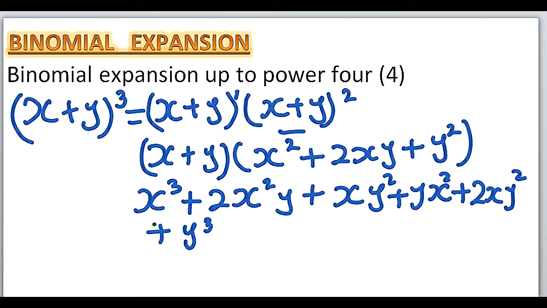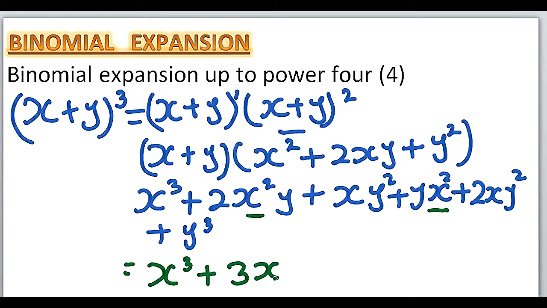From there, we look at what is common. So we have x cubed. I look at 2x squared y. Do we have another one? We have this one and this one. So we can add the two and we will get plus 3x squared y. Then you can see this one and this one, they are common.